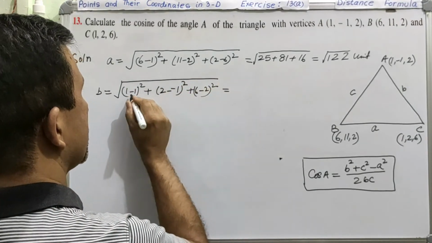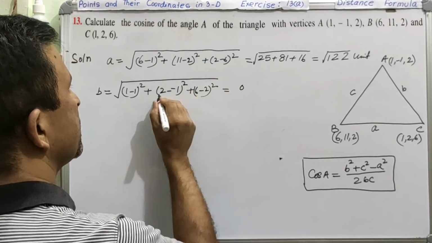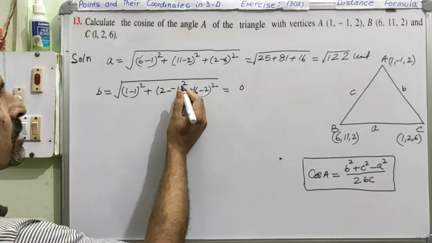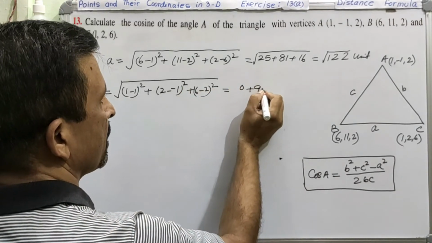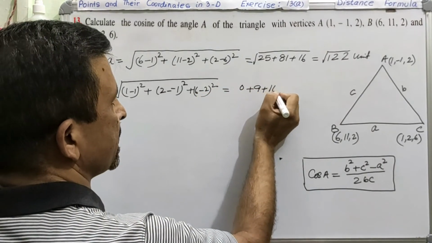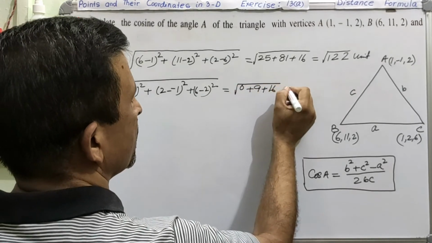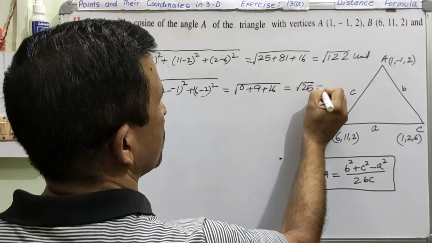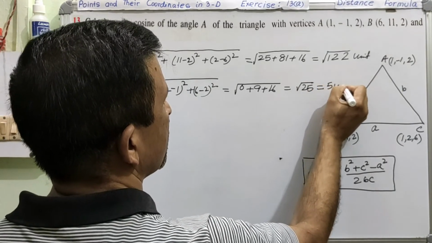This is 0, and 2 minus minus 1 is 2 plus 1, 3, and 3 square means 9, plus 6 minus 2 is 4, 4 square means 16. So this is root over 25, which is equal to 5 unit.